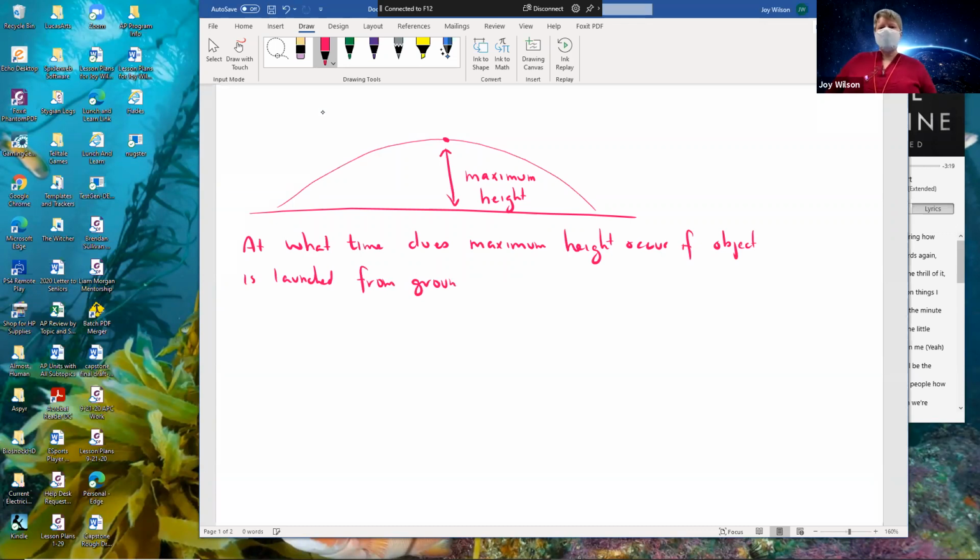So if this whole time, let's say from here to here, takes you time equals t seconds, what would the maximum height occur at? Half t?